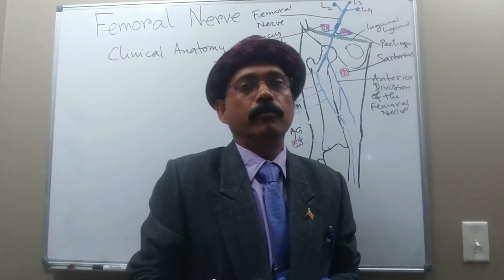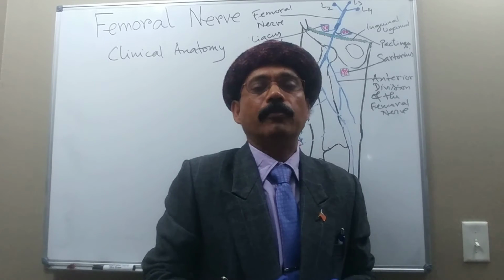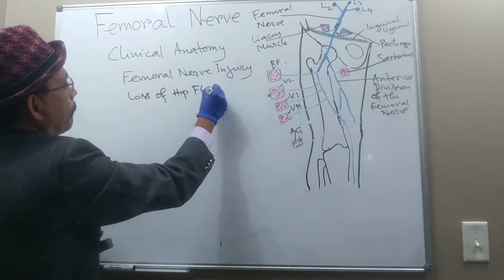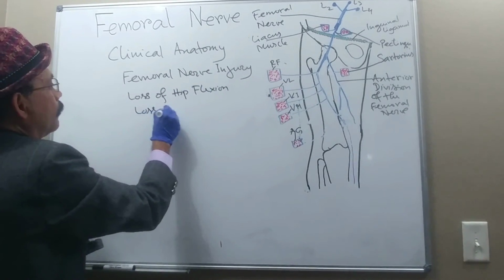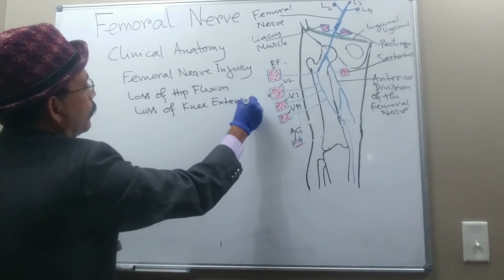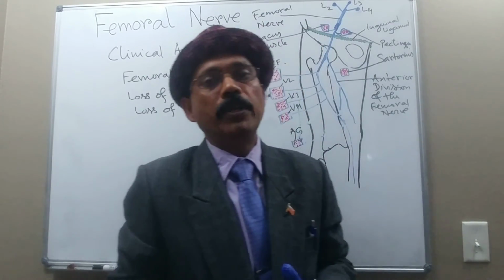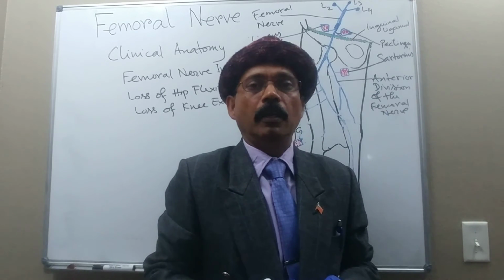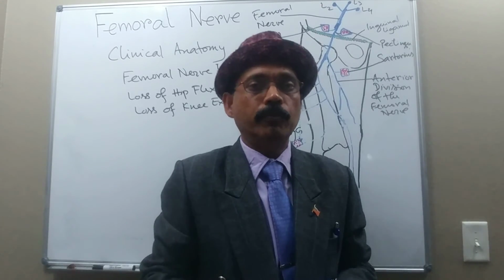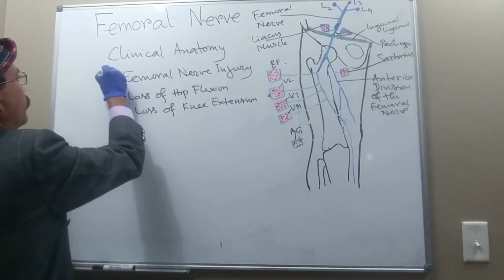If it is damaged due to trauma or gunshot injury, then the muscles would be paralyzed, with loss of hip flexion and loss of knee extension, plus loss of cutaneous sensation from the anterior and medial aspect of the thigh, medial side of the knee, medial side of the leg, and medial side of the foot up to the ball of the great toe. So femoral nerve injury is one of the clinical anatomy points.